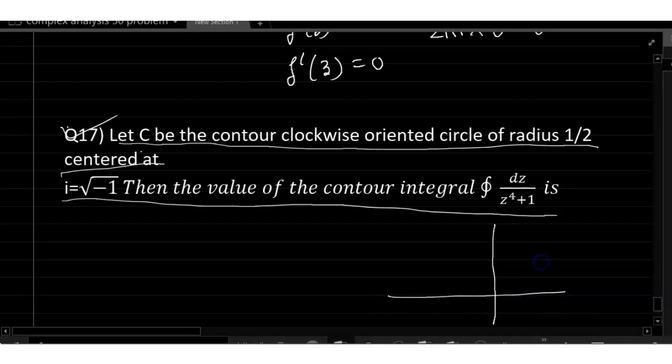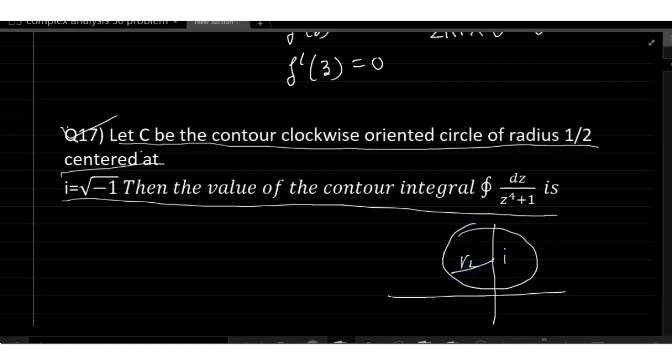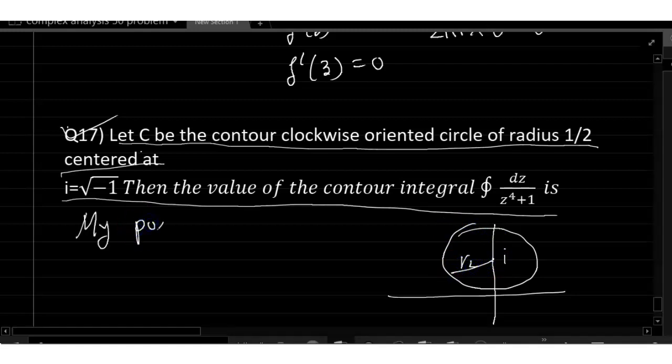This is my axis, and this is i, and this is my circle whose radius is half. So my pole is z equals i.